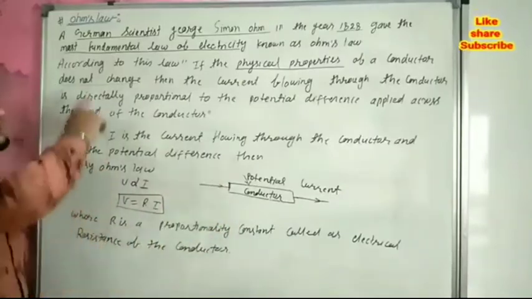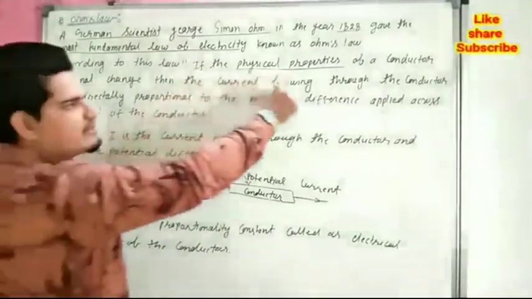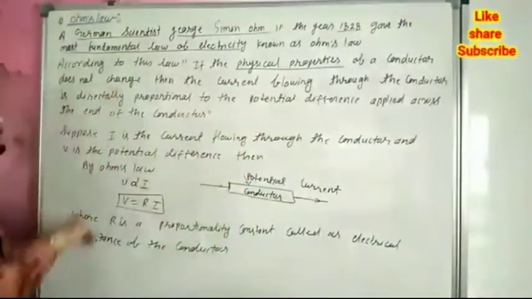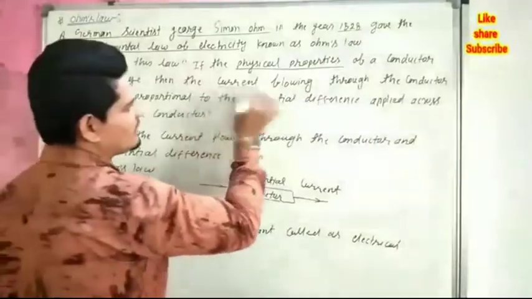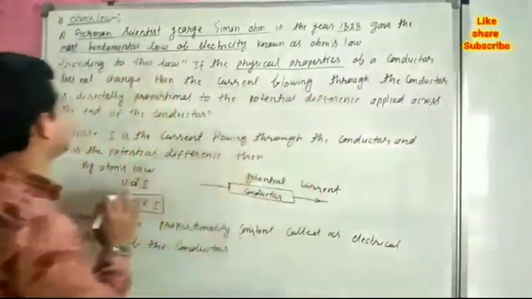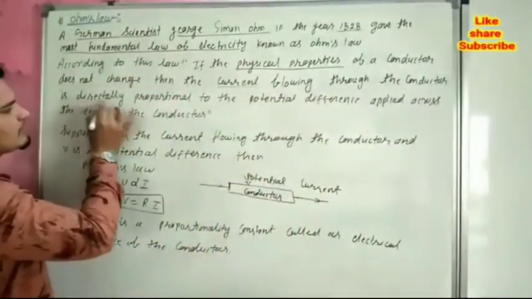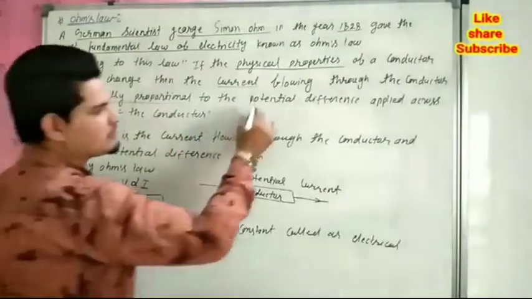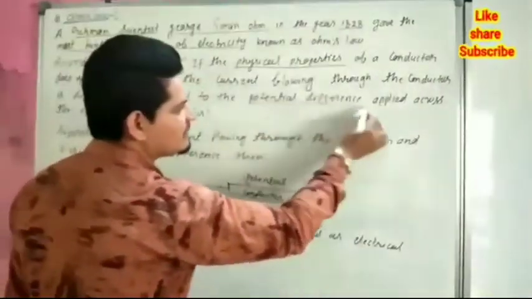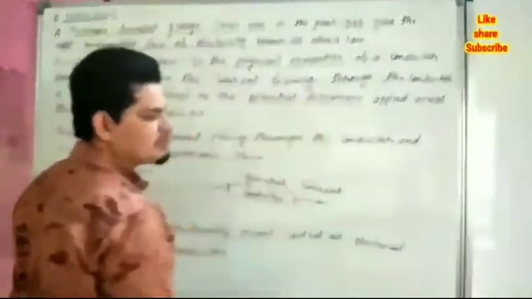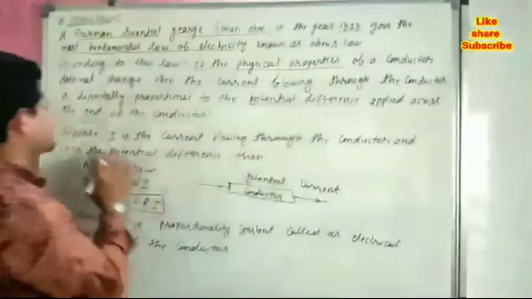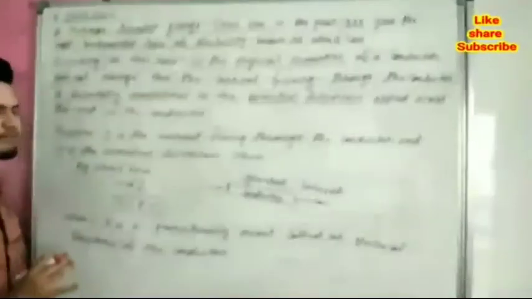So if the physical property of the conductor does not change, then the current flowing through the conductor is directly proportional to the potential difference applied across the ends of the conductor.